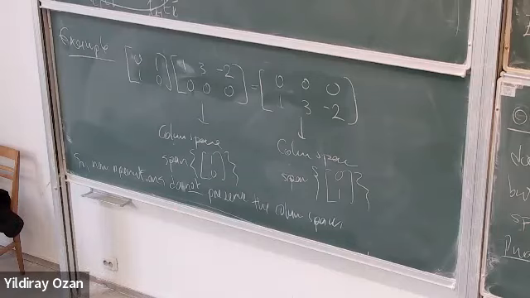Let, for example, W be a subspace of V, spanned by F1, F I don't know, K, and let E1, En be a basis for V.